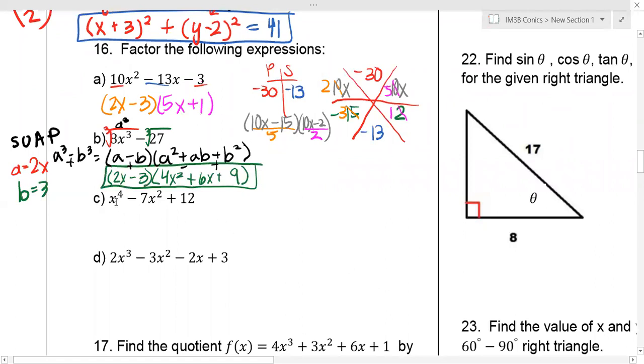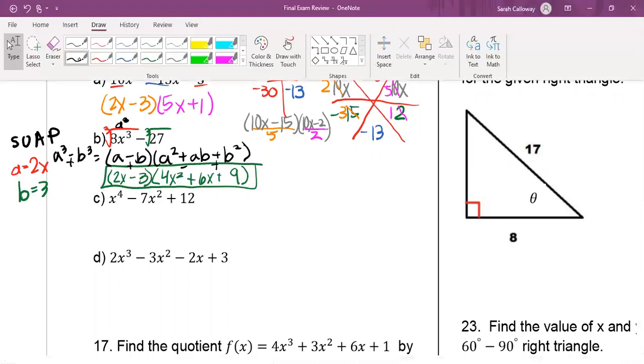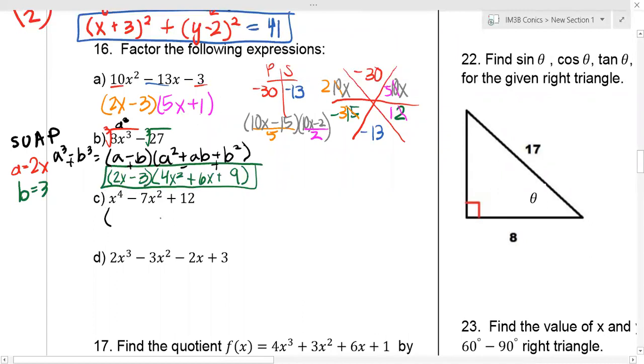For C, we have a quartic function. But we actually factor this the same way as we would factor a quadratic, except for one thing. If I was doing a product sum with a quadratic, I would just put x. Since it's a quartic, I'm going to put x squared.